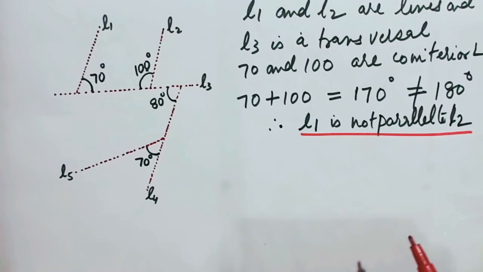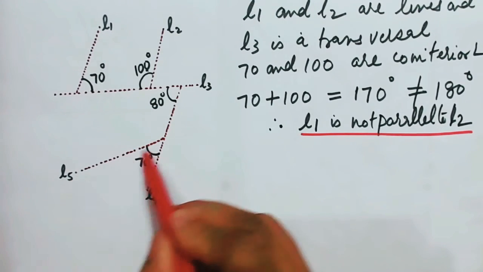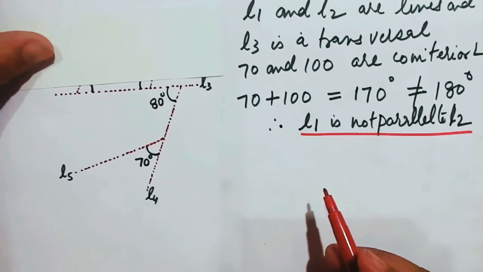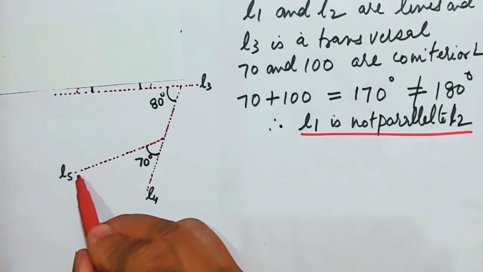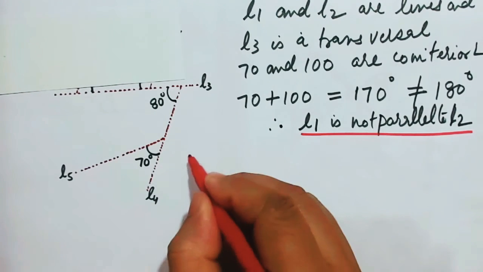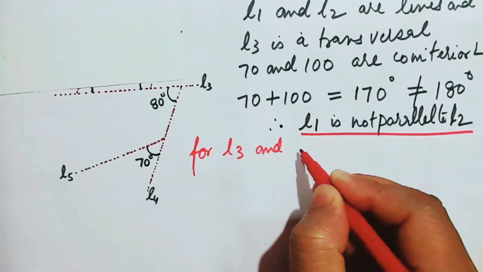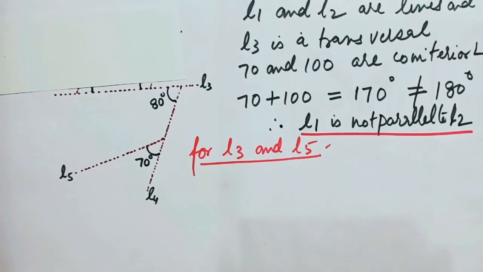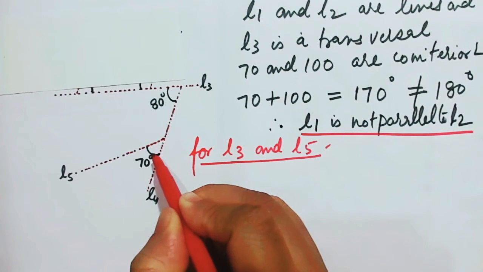What about L3 and L5? I am looking at only line L3 and line L5. For L3 and L5, 80 degree and 70 degree are corresponding angles.